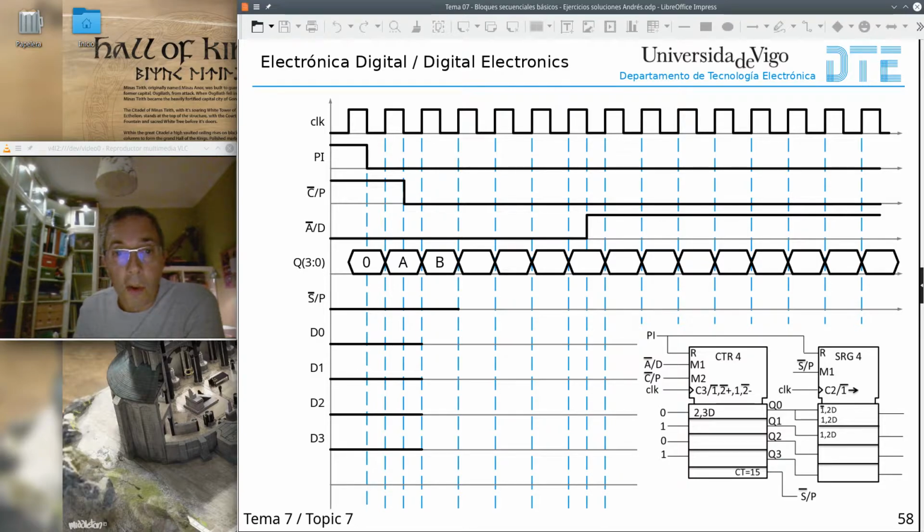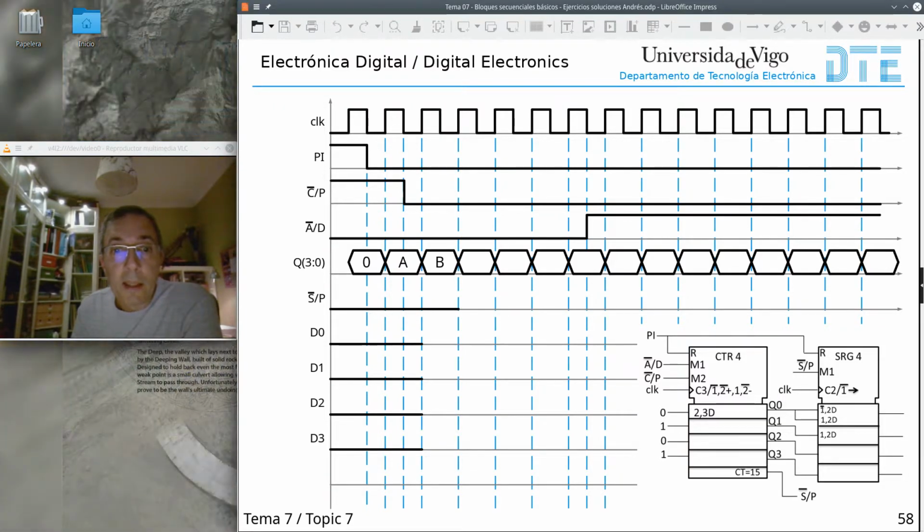So D0 will be propagating the 0 from the Q0, and D1 will be D0, that is also 0. D2 will be 0, because D1 is 0, and D3 will be 0, and the value in D3 will be lost. So now we are with a very flat system. This is odd, but it's okay.